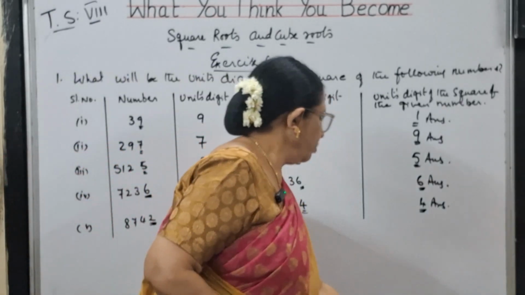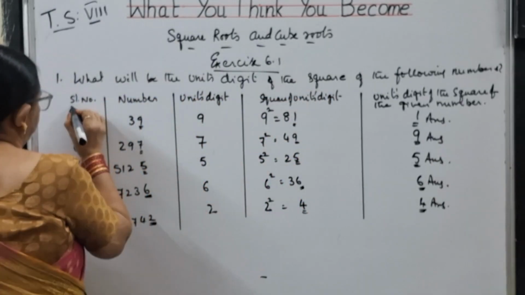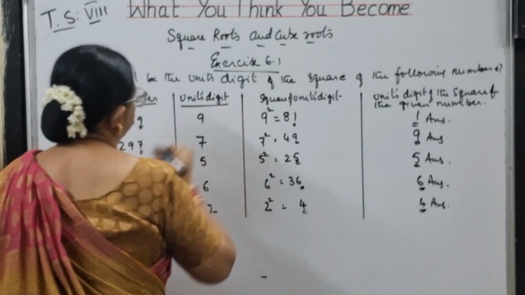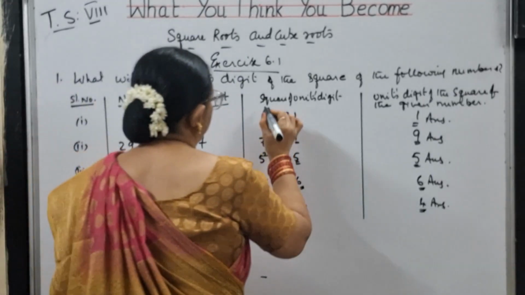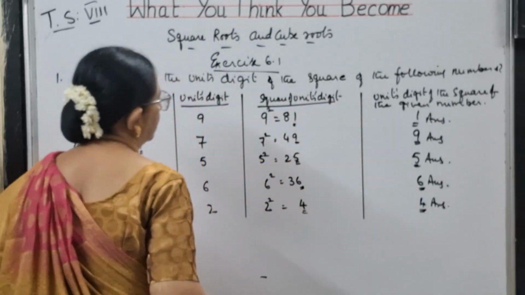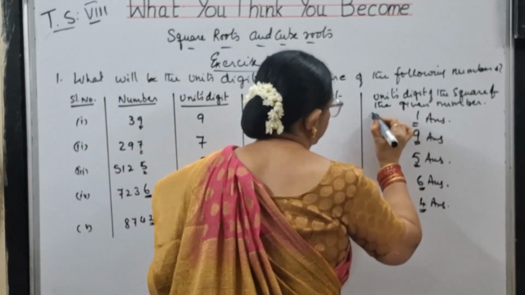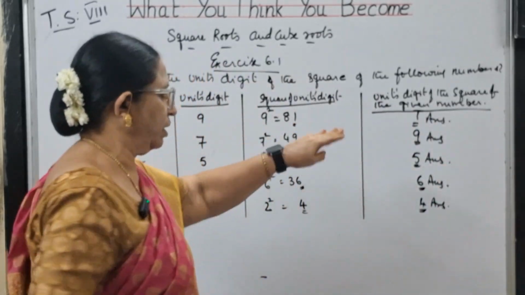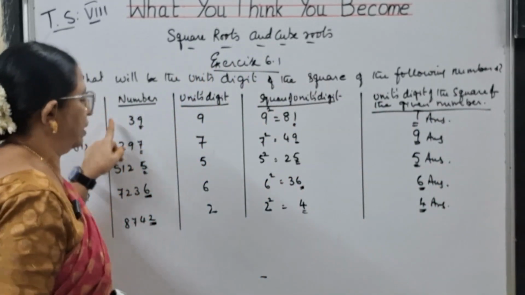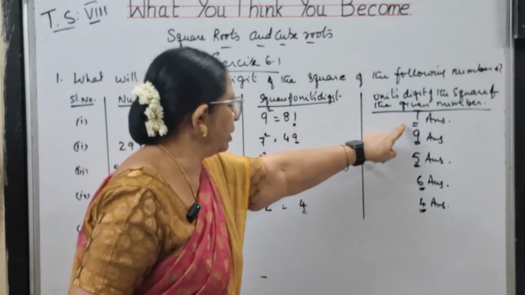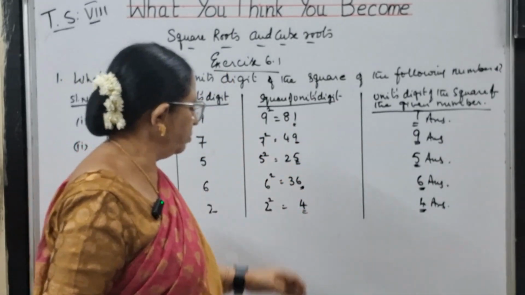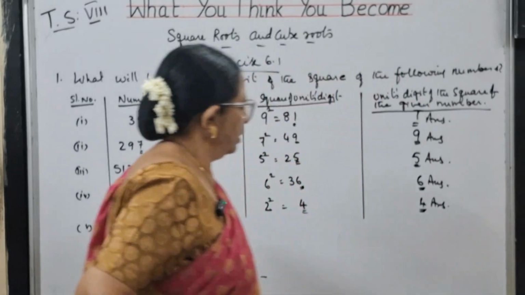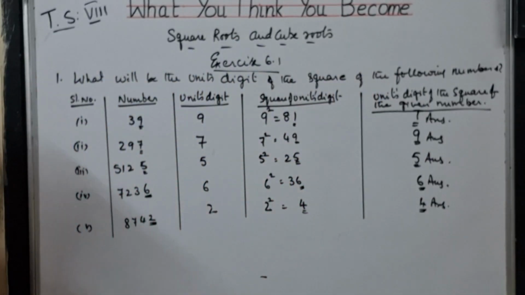I hope I am clear, children. First one is serial number. Second one is given number. Next, units digit of the given number and square of the units digit and units digit of the square of the given number. Given number is 39. Its square is 81, units digit 1. So like that for every problem I have done. I hope it will give you a clear explanation for this problem. Children, please note it down.